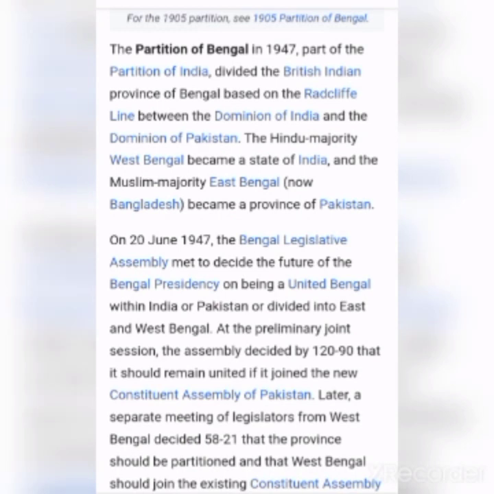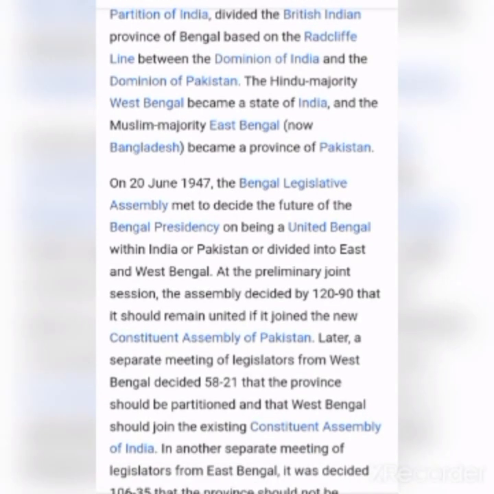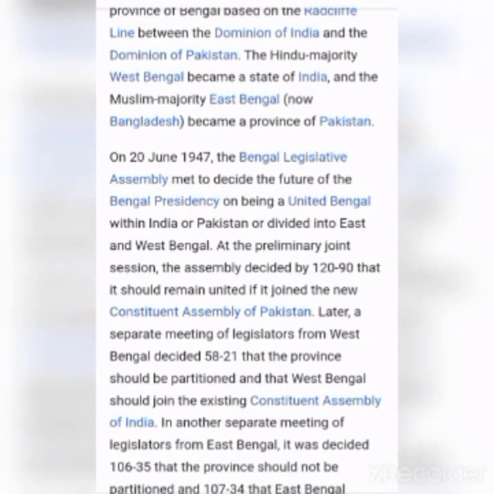On 20 June 1947, the Bengal Legislative Assembly met to decide the future of the Bengal presidency: remaining a united Bengal within India or Pakistan, or being divided into East and West Bengal.